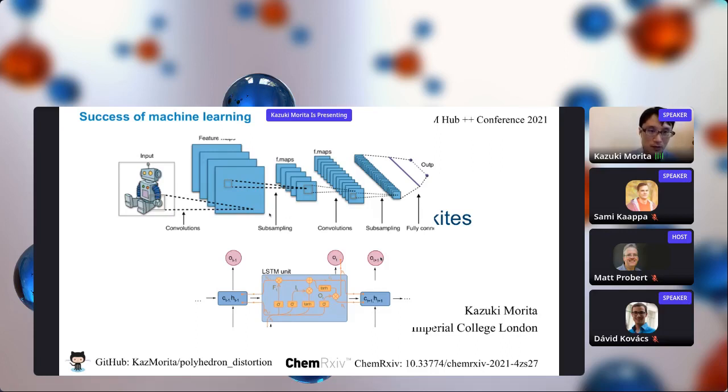This convolutional neural network for image recognition is suited to treat local details and the overall picture. And this LSTM is capable of learning correlations over long distances. For example, in a sentence, the first word might be important for understanding the last part of the sentence. Such architectures are designed to treat their domains very efficiently.